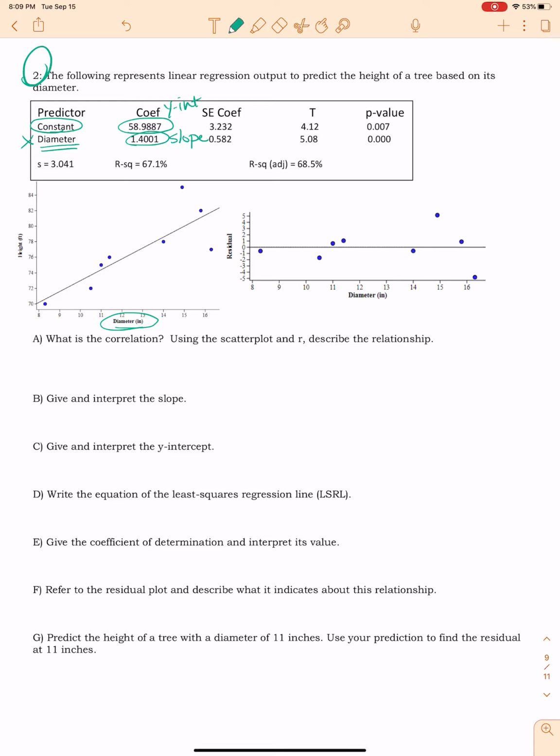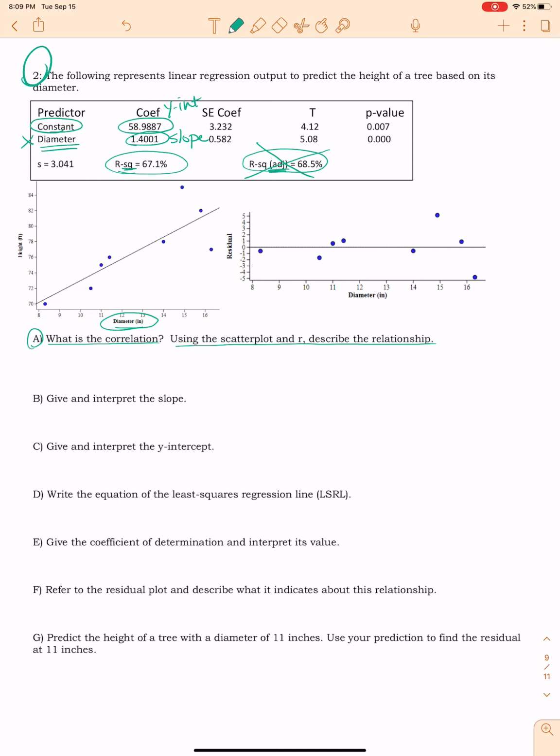In part A, we're asked what is the correlation, and using the scatter plot and R, describe the relationship. On here, I've got an R squared, and I've also got an R squared adjusted. We don't ever use the adjusted R squared.